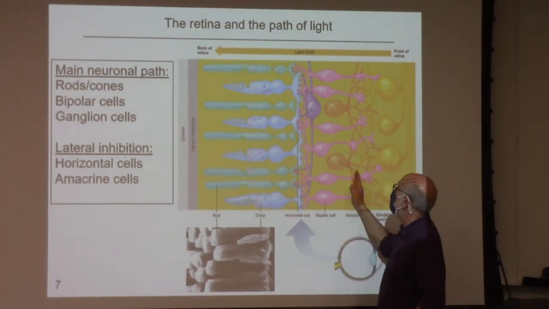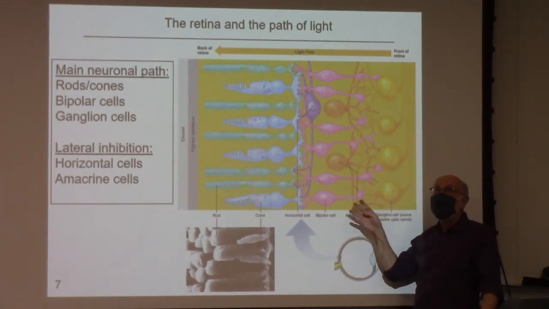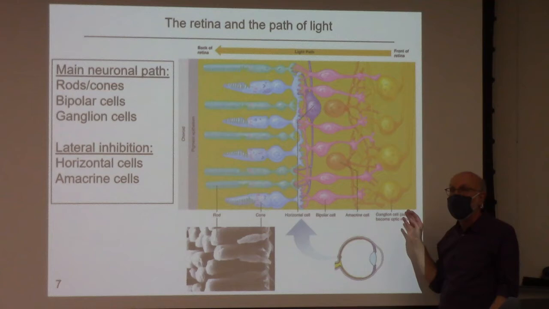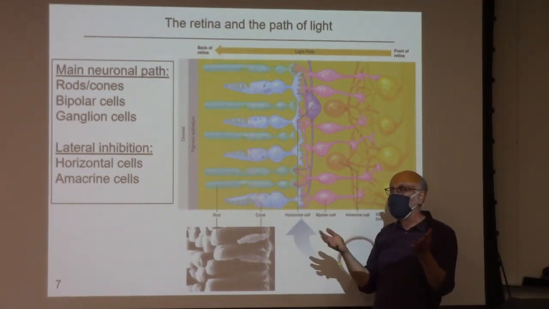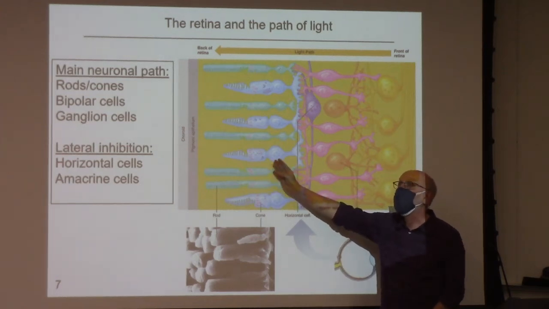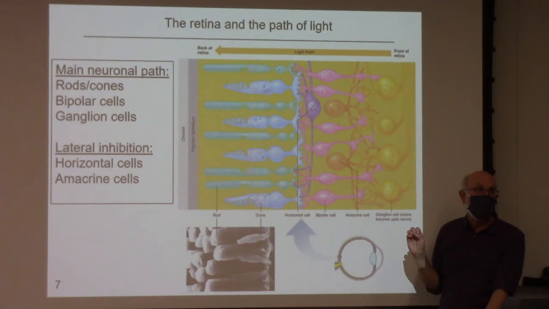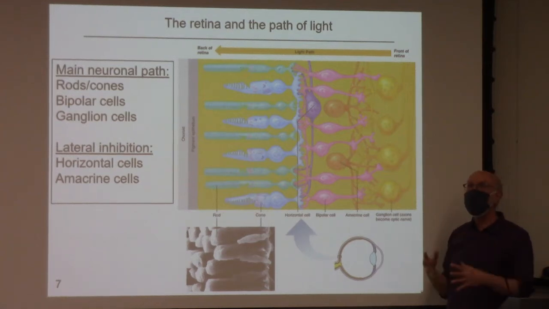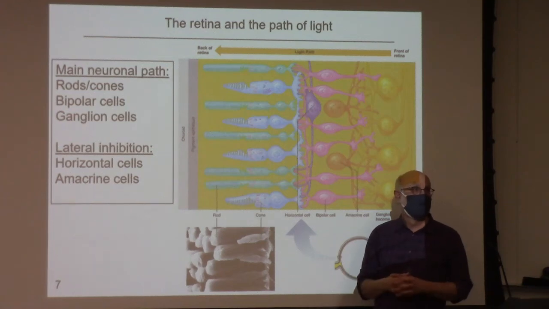And then it's going to get processed by several cell types in the retina. So the image gets formed, and the image gets transduced into electrochemical signals in the retina, and then right there in the retina, it's going to get processed before it even gets to the brain. So most neuroanatomists consider the retina part of the brain.